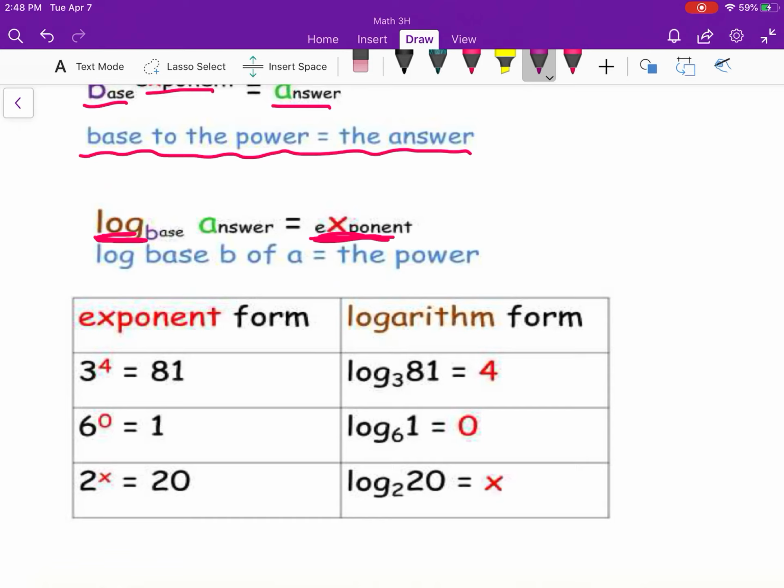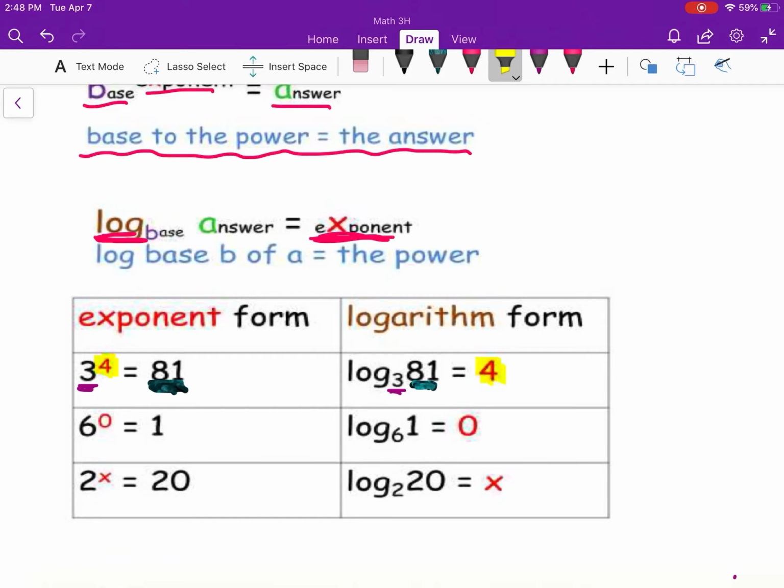And all I do is write the word log. Here's my base b right here. Here is my answer right here. And then my exponent, which was 4, is right here.